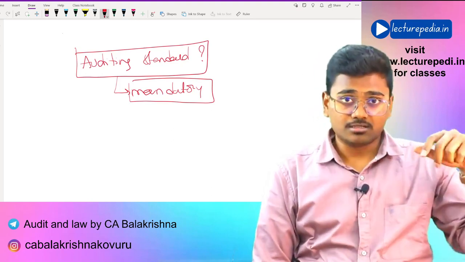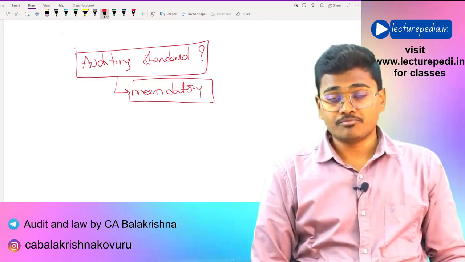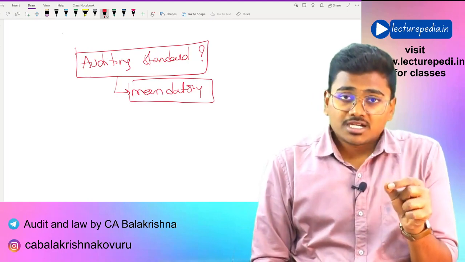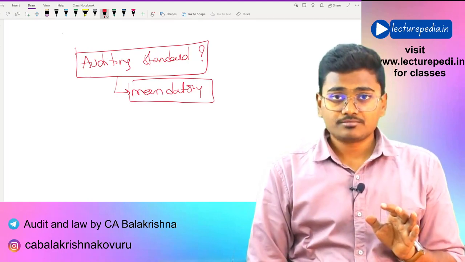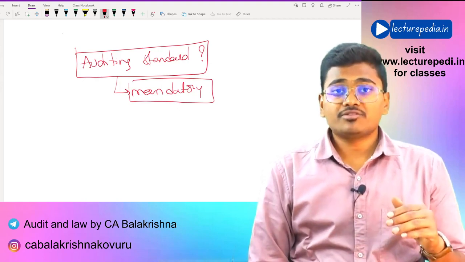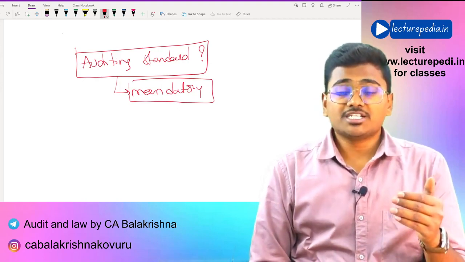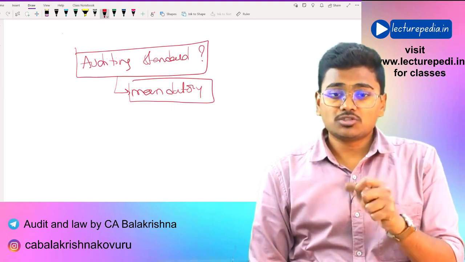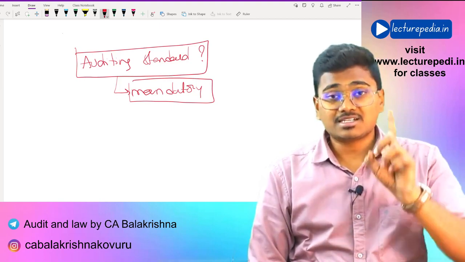Another question that most of the students will confuse is whether auditing standards are mandatory only for the company audit, or the auditor should follow these auditing standards even for the audit of partnership firms, individuals, trusts, cooperative societies. Whether for all these entities also auditing standards are mandatory? The answer is yes.